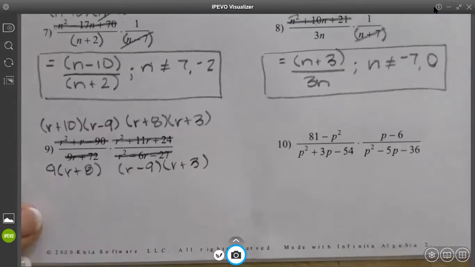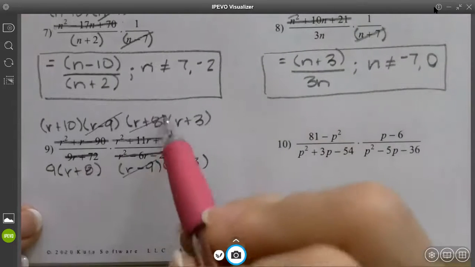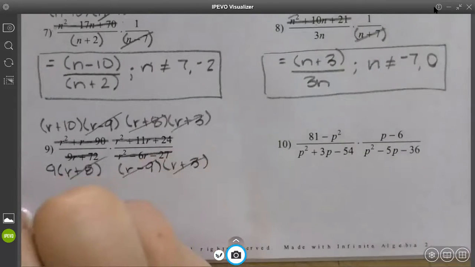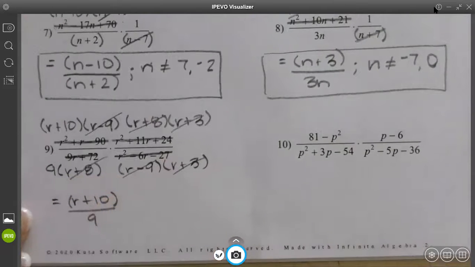Tell me some stuff the same on the top and the bottom. Anything else? And R plus 3, perfect. All right, I don't see anything else. So the only thing I didn't mark out was R plus 10 over 9.